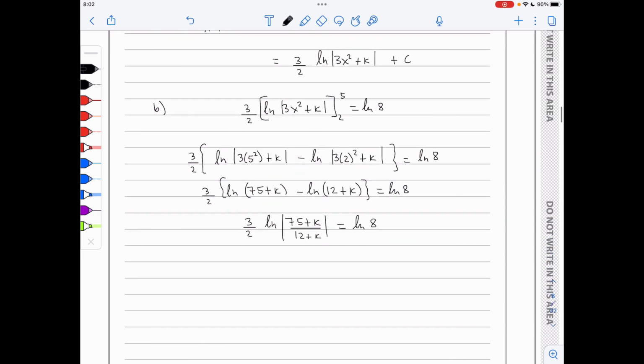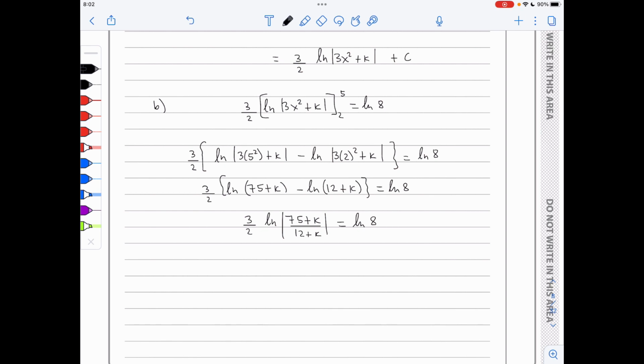And now I can cross multiply to get that ln of 75 plus k over 12 plus k is equal to 2 over 3 ln 8, which can be written as ln 8 to the 2 over 3, which leads to ln of 75 plus k over 12 plus k is equal to ln 4.